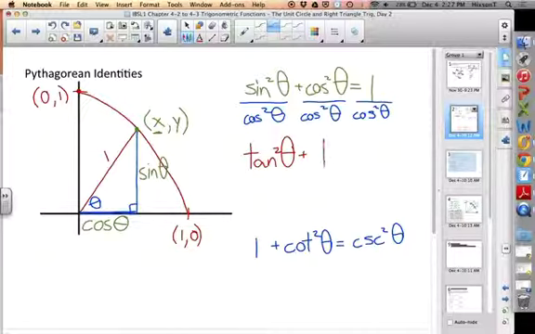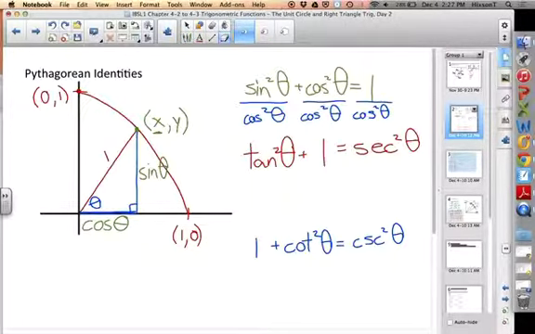Good. Plus 1, of course. And then 1 over cosine squared is secant squared. Good. And that's the third Pythagorean identity.